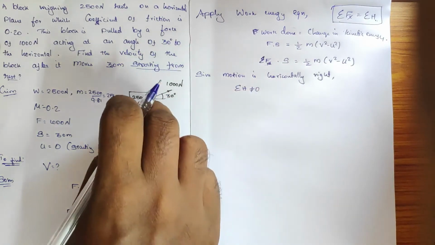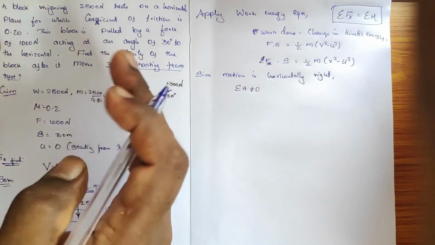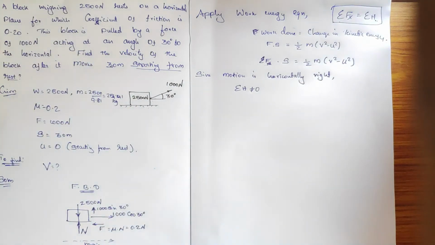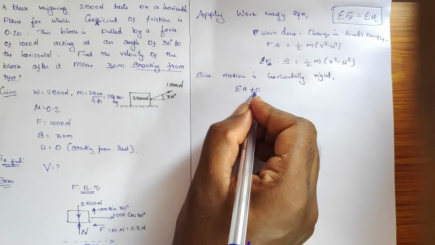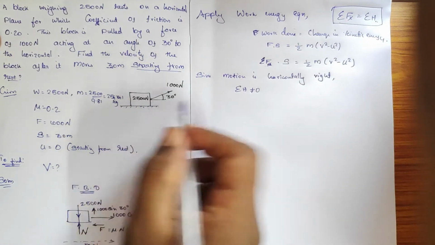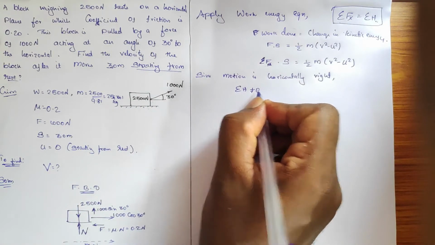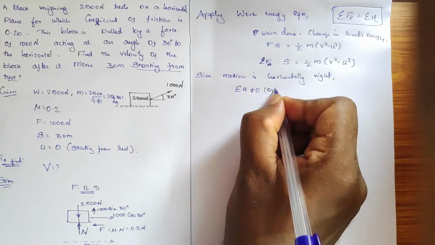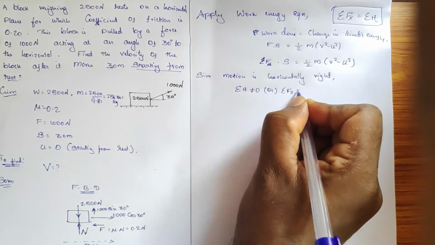If the horizontal force were equal to 0, the block would be in the static position, in the same position. So it is not in equilibrium since it is moving. That means the sum of Fx is not equal to 0.